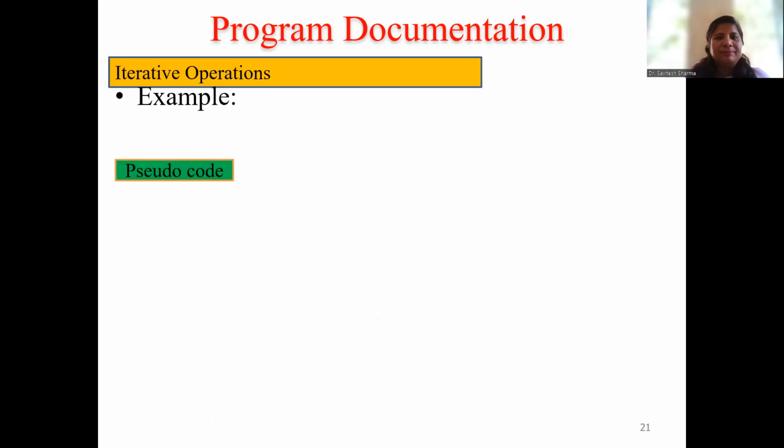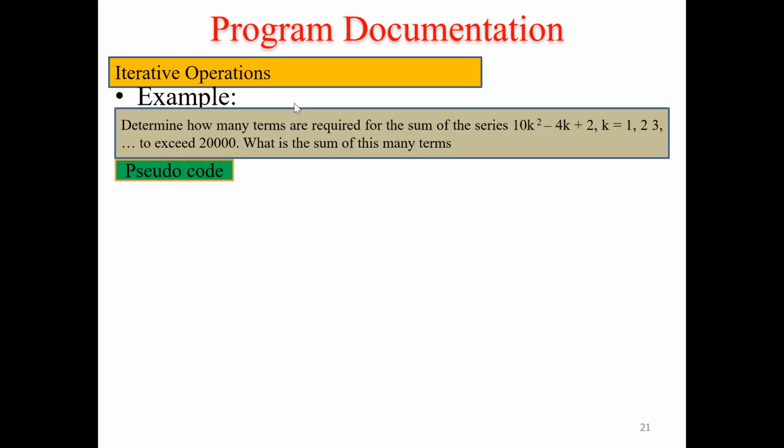Now come to the iterative operation. For this I will take an example. In this example, we have to determine how many terms are required for the sum of the series 10 k square minus 4k plus 2, where k varies from 1 to 3, and the computed sum of the series should not exceed 20,000.